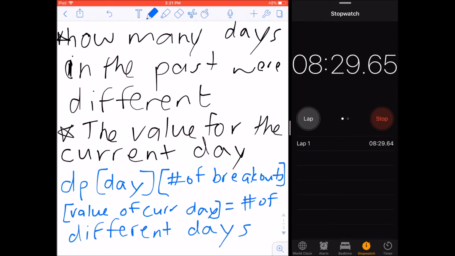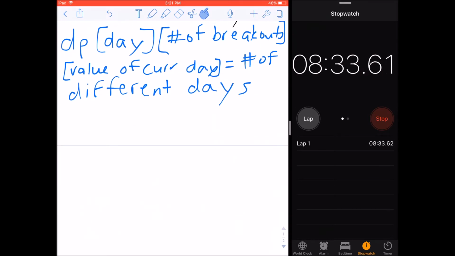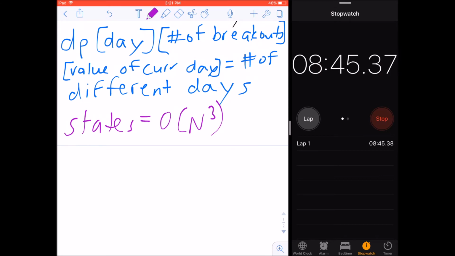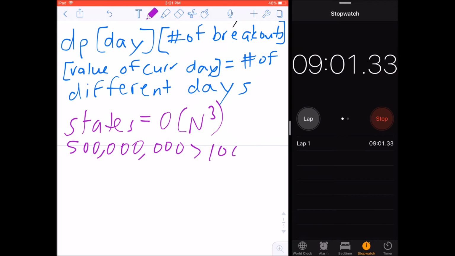Okay, so currently this looks like we have n cubed states. N cubed states is fine because n equals 100, so 100 cubed memory will work. For runtime, we can in fact do O of n to the 4 because we can do 500 million operations for runtime, and this is greater than 100 to the power of 4.